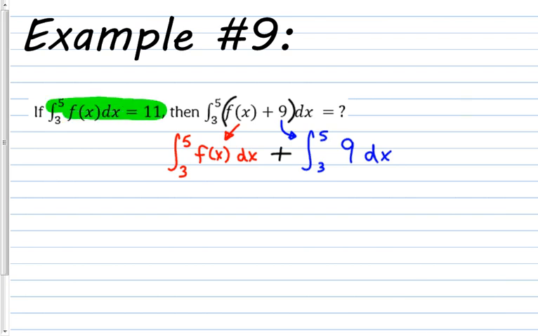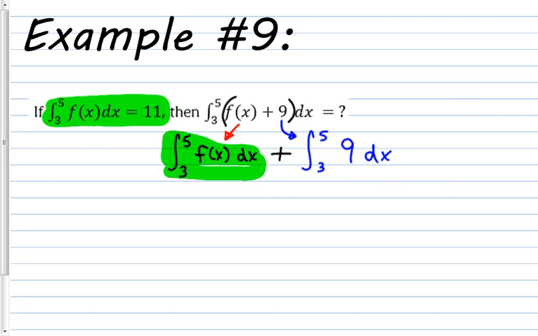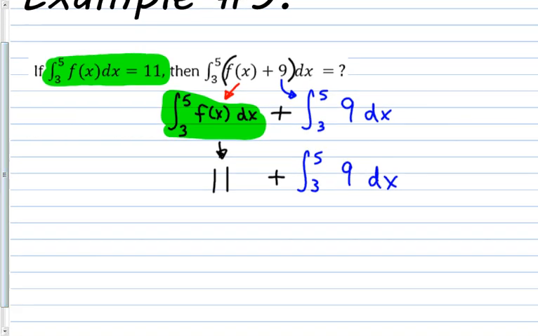Well, they've told me that this part right here is 11. So this is 11. 11 plus the integral of 9. If I integrate 9, I get 9x, evaluated from 3 to 5.